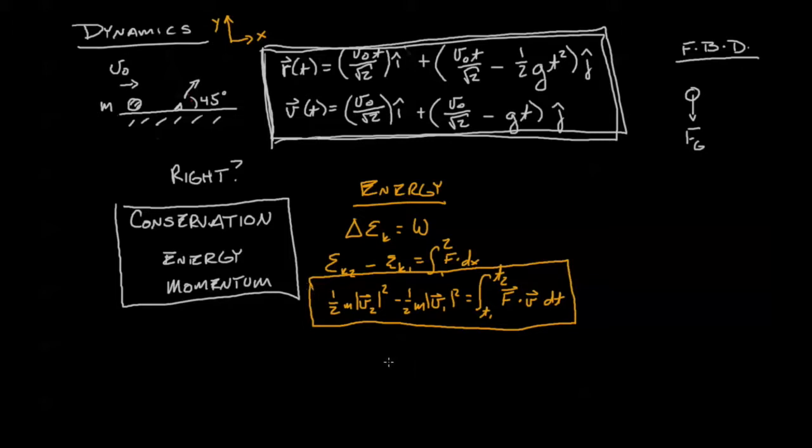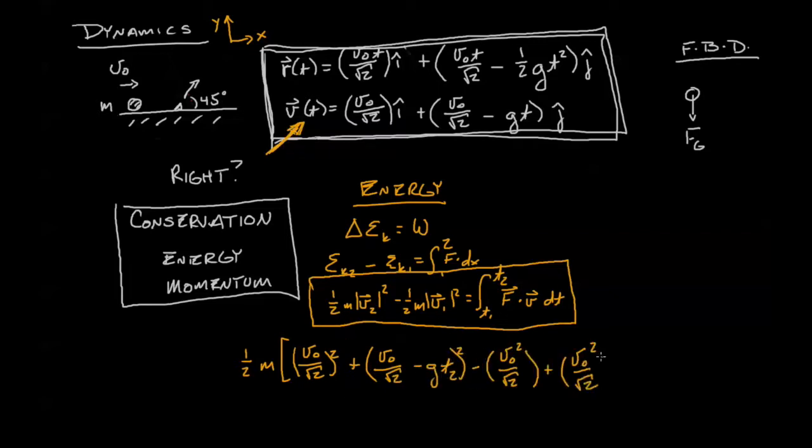Let's take a look at what this looks like. The magnitude of v2 is simply going to be the magnitude of this vector at some later time. That's going to be the x term squared plus the y term squared. Well, the force applied is just the force of gravity, so we know that's mg, and that's in the j direction, and it's negative.